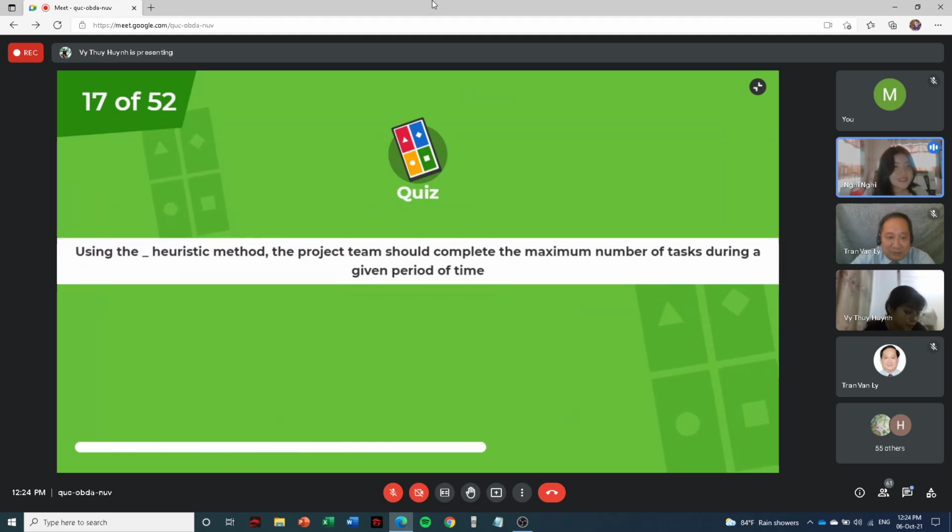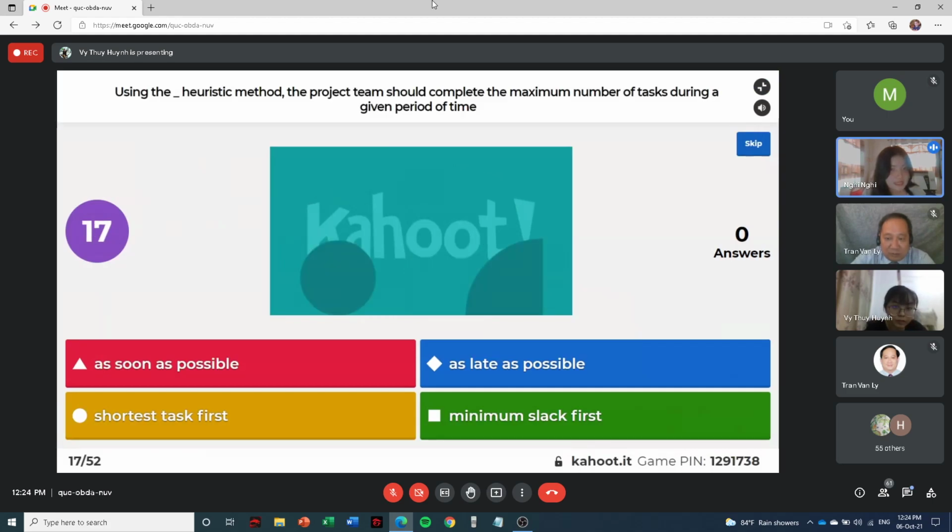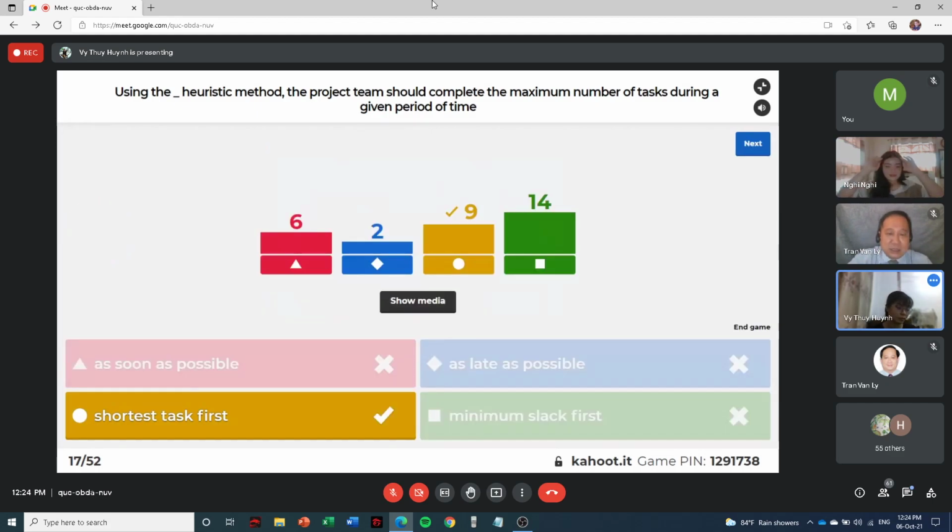Okay. Using the heuristic method, the project team should complete the maximum number of tasks during a given period of time. What heuristic method is this? Yeah, it's shortest task first.